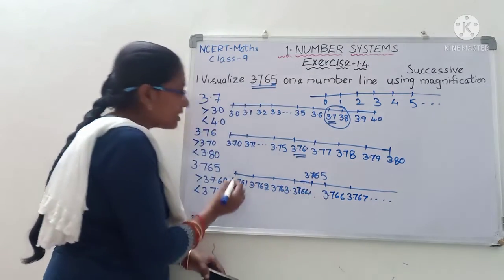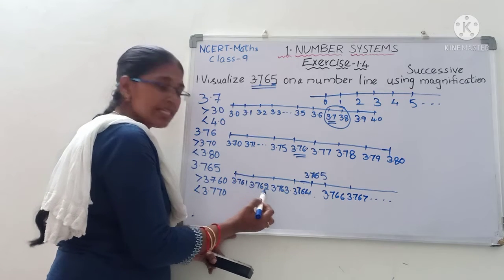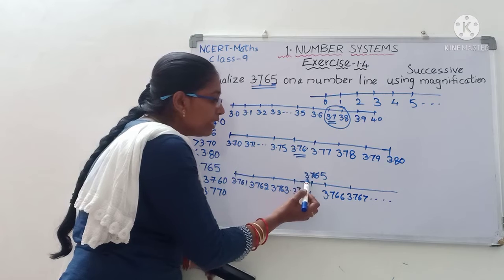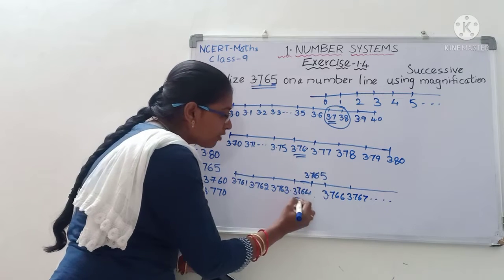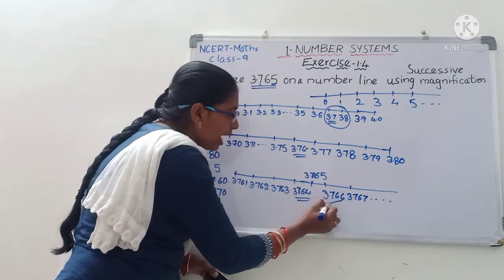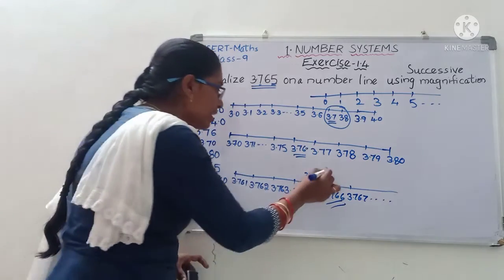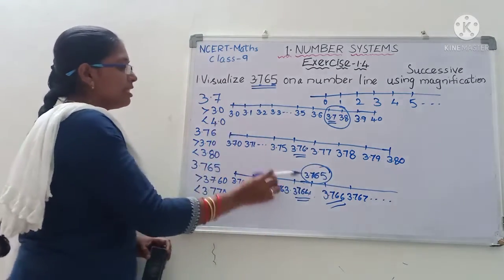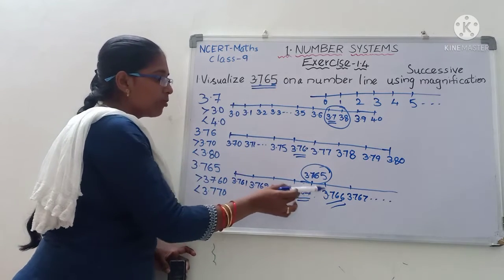After 760, you get 761. Next 3.762, 3.763, then 3.764, then 3.765. So after 3.764 and before 3.766, you are able to locate 3.765. This is our question. You are able to locate it.